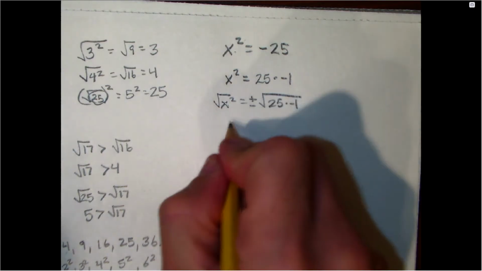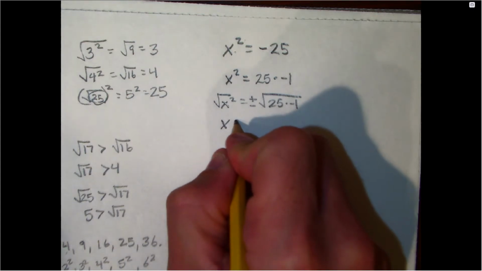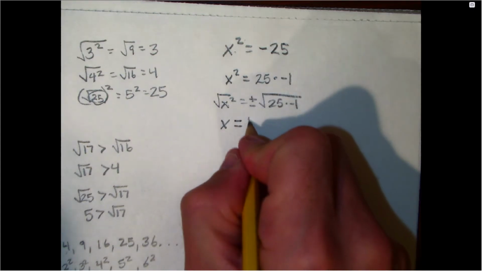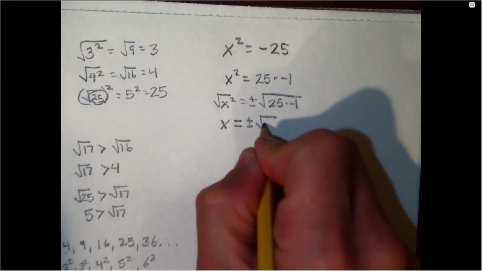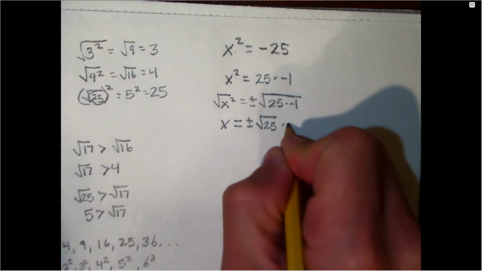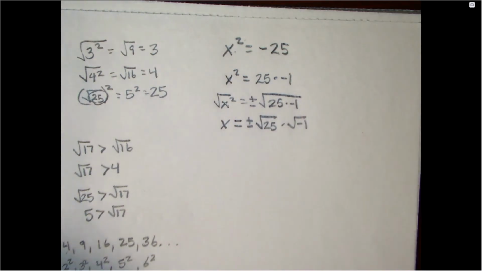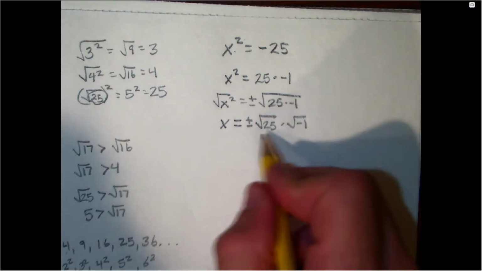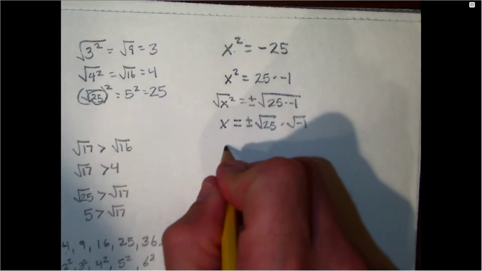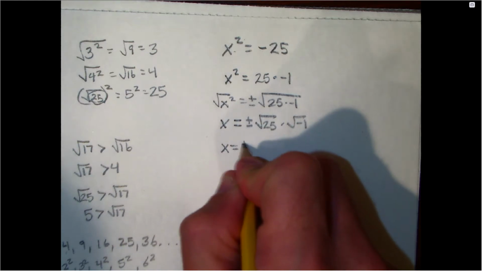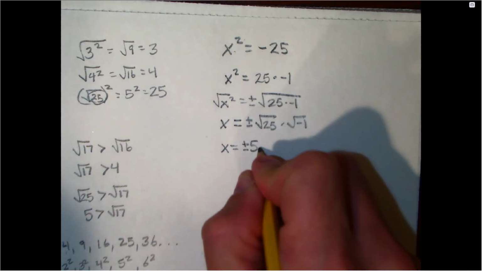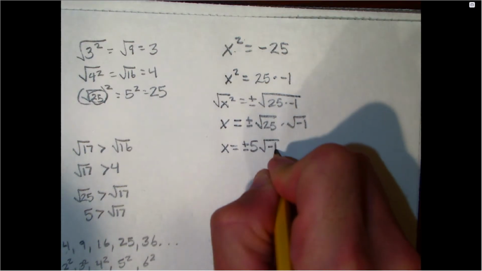And then the square root of x squared is x. And that would be equal to the positive or negative version of the square root of 25 times the square root of negative 1. Just break them up. And now I could take the square root of 25. So that is positive or negative 5 times the square root of negative 1.